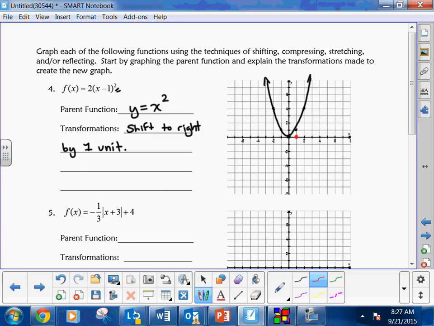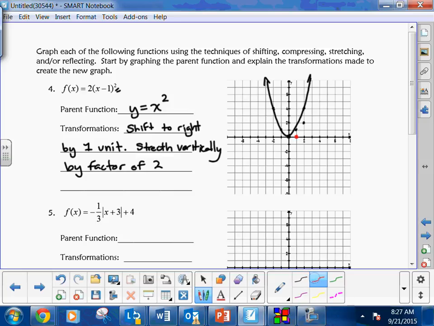Now the other thing that's going to happen is that this one is going to be stretched vertically. Stretch vertically by a factor of 2. So when it stretches vertically by a factor of 2, that means all these points, typically this one is going to be now here.